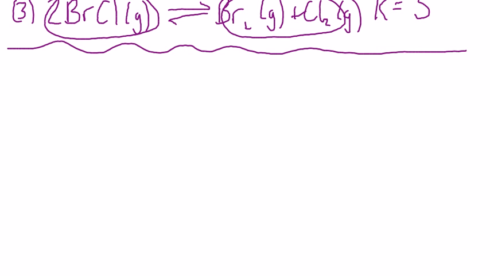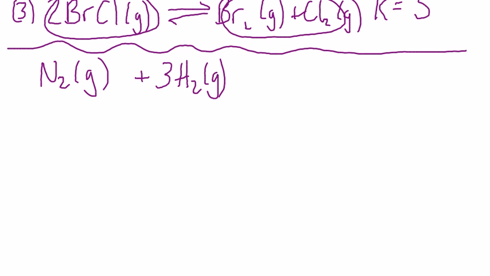Let's take a numerical example of where K might come from. Let's look at the production of ammonia gas from hydrogen gas and nitrogen gas.